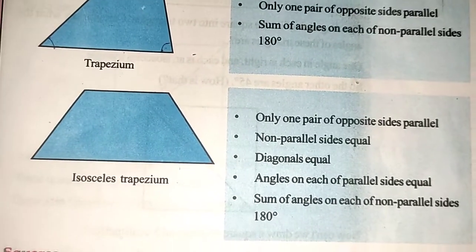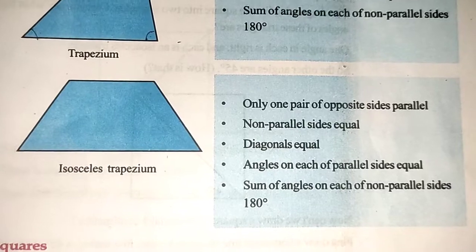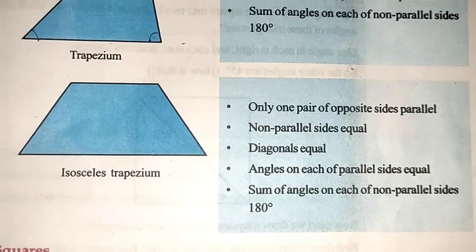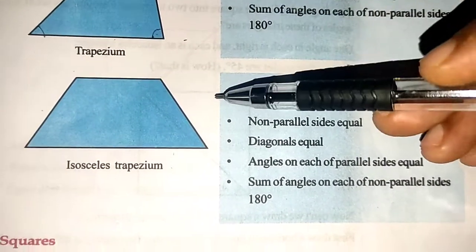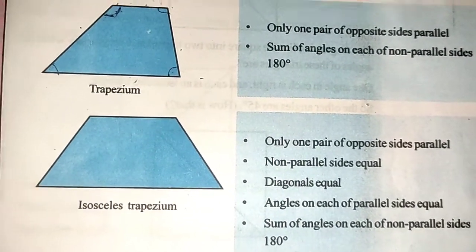Finally we have another shape, that is an isosceles trapezium. From the chapter on triangles we know what an isosceles triangle is. Similarly, here we have an isosceles trapezium. In a trapezium we know that all sides are not equal.